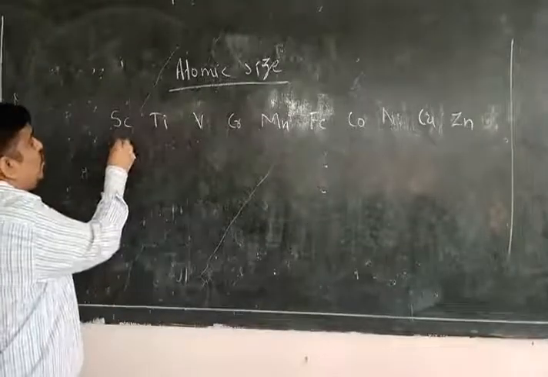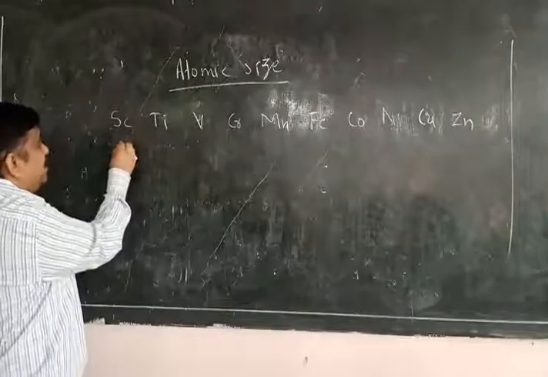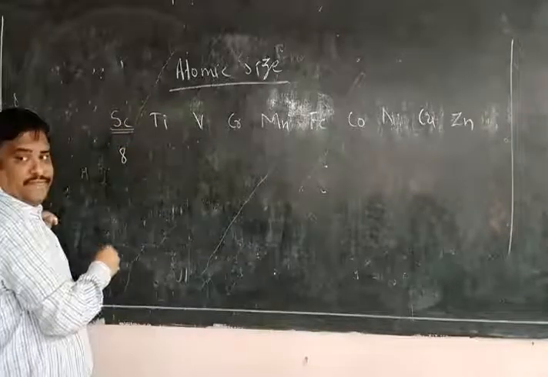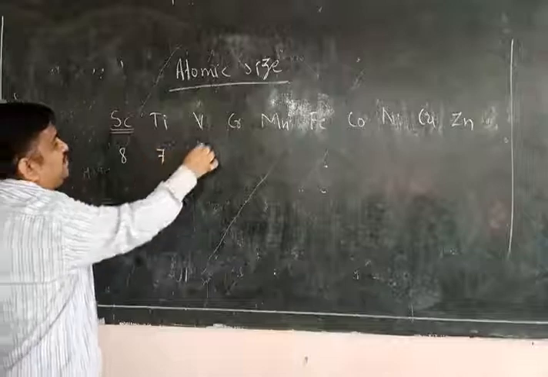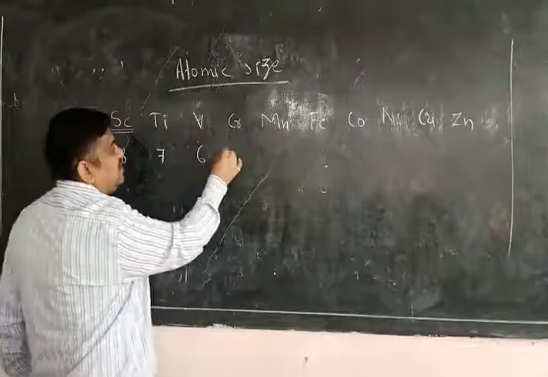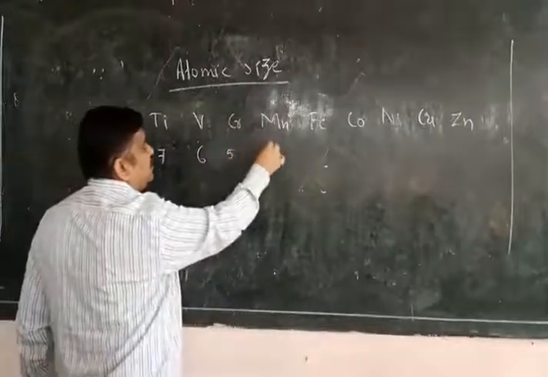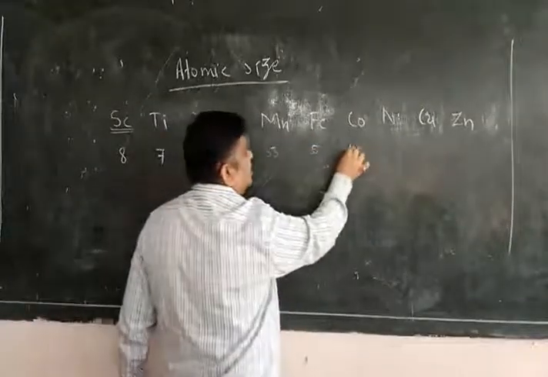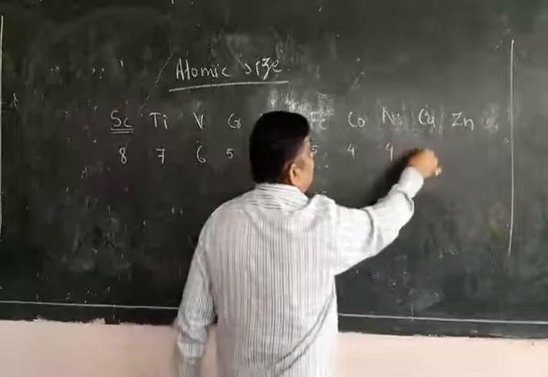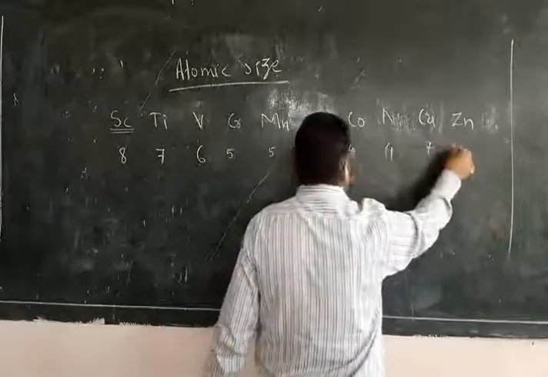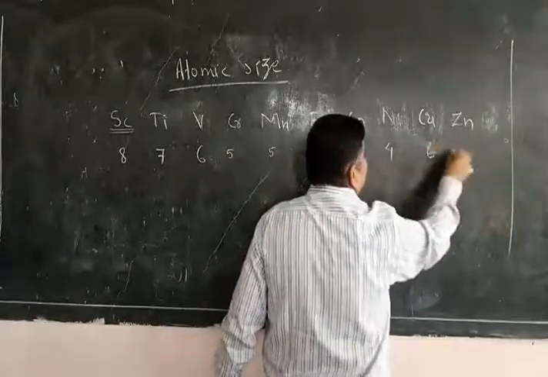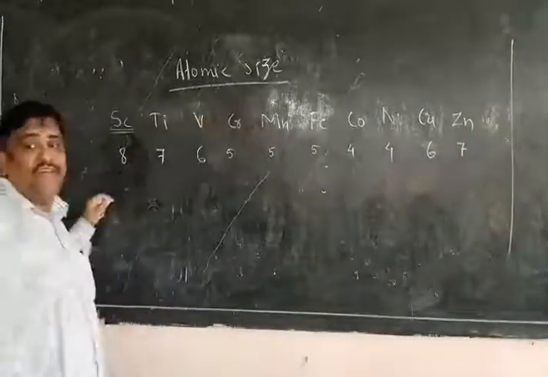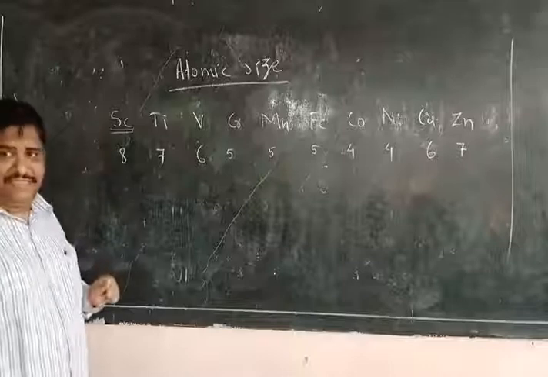Suppose the atomic radius of scandium is 8, then 7, 6, 5, 5, 5, 4, 4, 7, 6, 7. Suppose this is the variation of the atomic size in the 3d series.